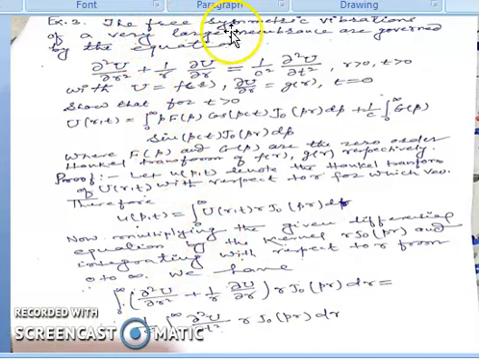Similarly, the third problem with respect to boundary value conditions of the Hankel transform.